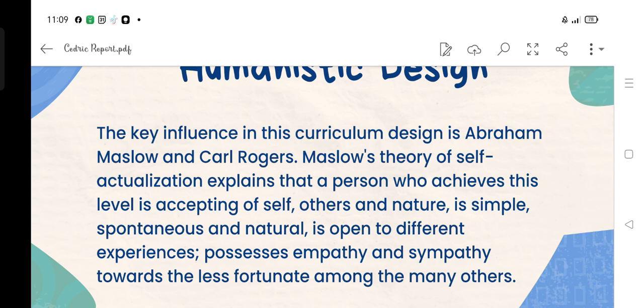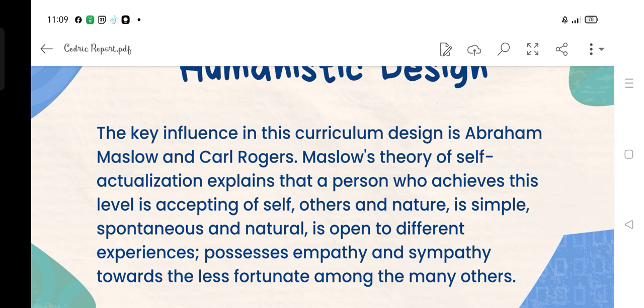Here in humanistic design, the person can achieve this state of self-actualization later in life, but has to start the process while still in school. Carl Rogers, on the other hand, believed that a person can enhance self-directed learning by improving self-understanding.